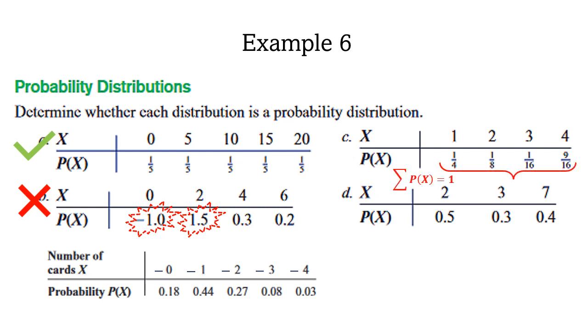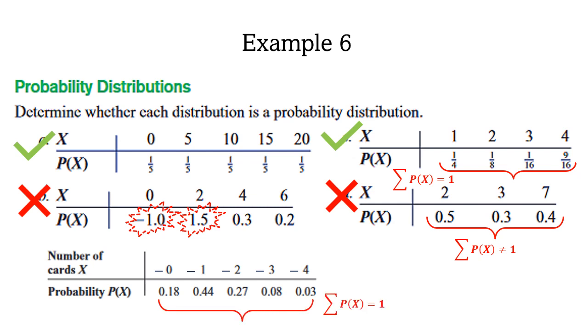C, the sum of all probabilities is 1, and each probability is between 0 and 1. So C is a probability distribution table. D is not, because the sum of all probabilities is not equal to 1. And the last table, the sum of all probabilities is 1. We don't have any issue. So it represents a probability distribution table.